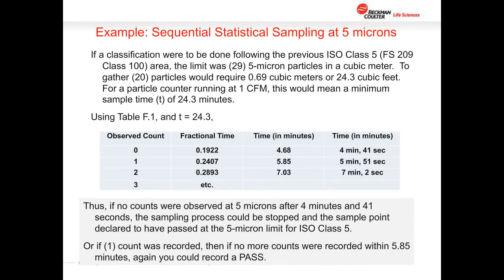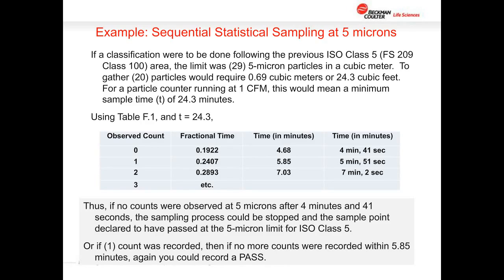So for example, if I need to sample 5 microns, which normally takes quite a bit of time to evaluate because there are so few events, what happens if you have a lower flow count system operating at 1 cubic foot per minute, 28.3 liters per minute?